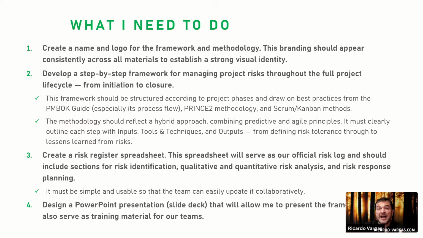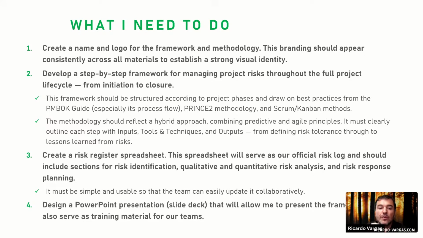I don't know what name I will give it, but I want Manus to create a name and a logo. Second, I want it to develop a step-by-step framework for managing project risks through the full project life cycle, from initiation to closure. And I'm giving it some advice.